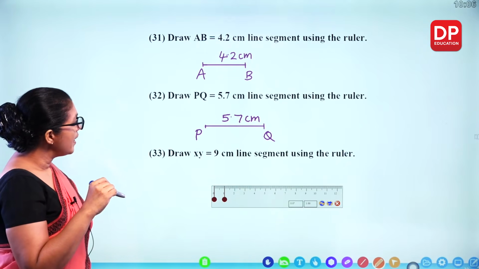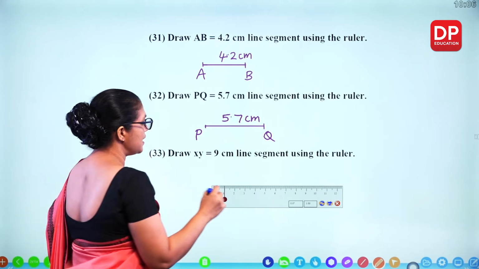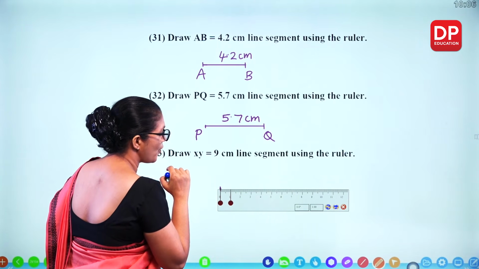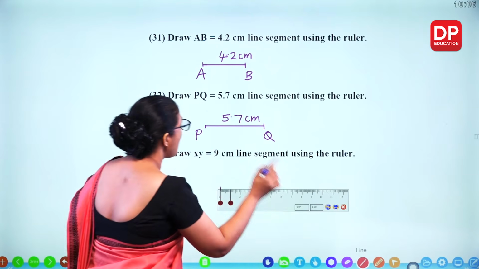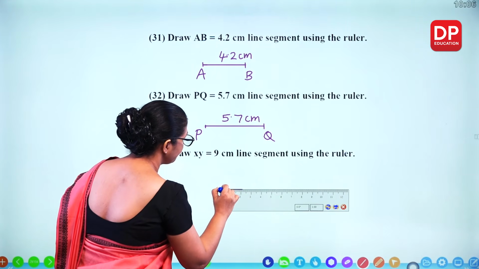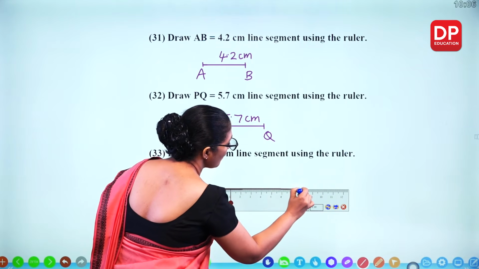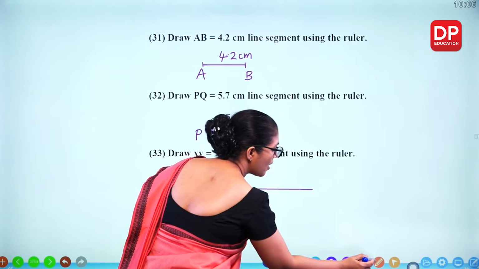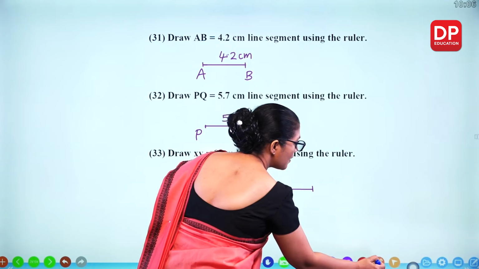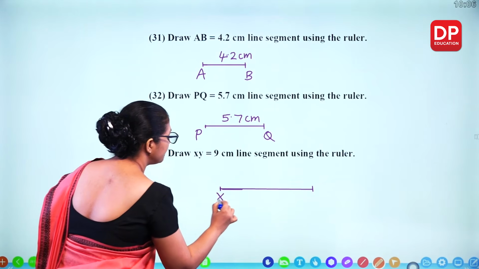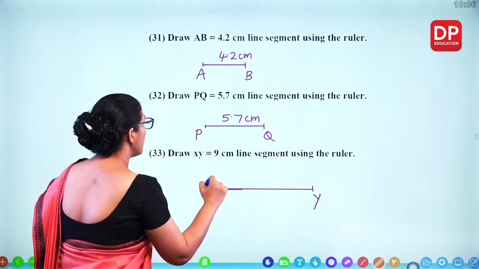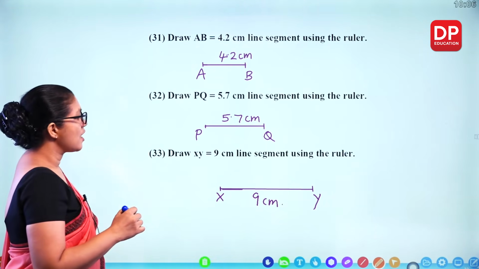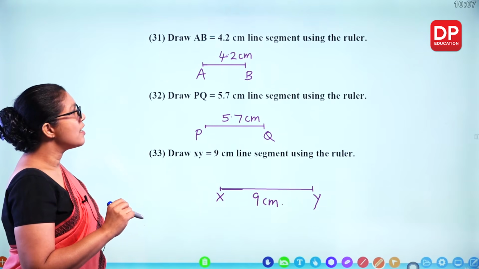Another one, draw XY 9 centimeters. So first I can mark this point, 0 point, and 9 centimeters from here up to here. So I can mark this point X and Y. This is 9 centimeters. So that's how we draw line segments using a ruler.